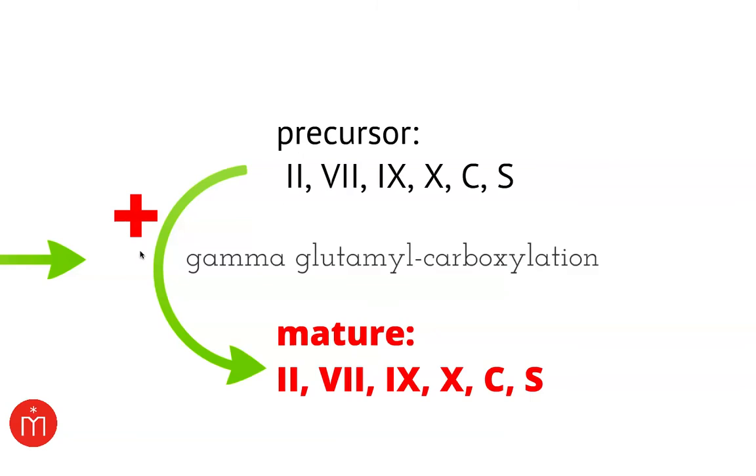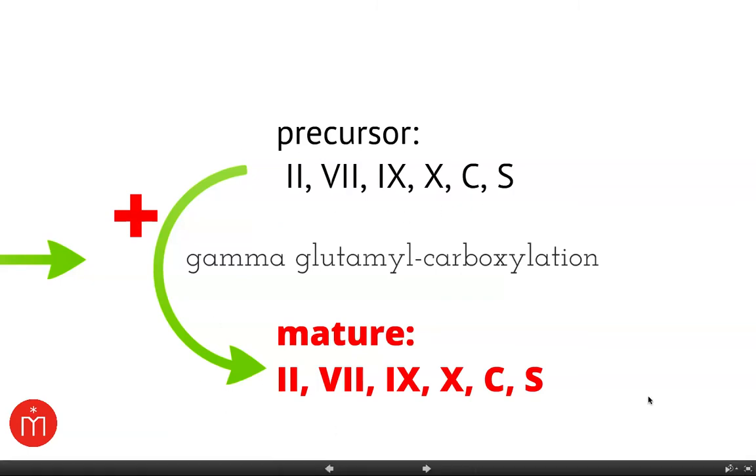Well, vitamin K serves as a cofactor for the carboxylation of glutamate residues. So again, the gamma glutamate residue is going to be carboxylated in the setting of vitamin K, and so that allows the maturation of these various proteins so that they can be active.